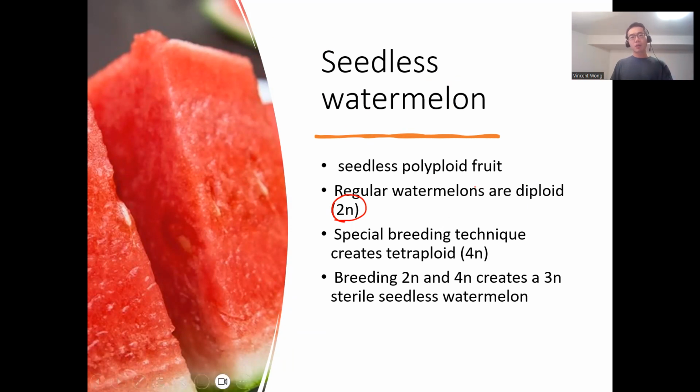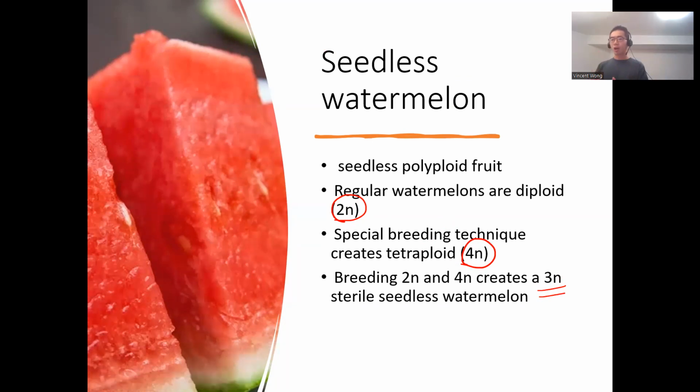And then they have a special technique of breeding them to create something that's a tetraploid, so 4 sets. Okay. So if you take the regular watermelon, the 2N, and you cross it with the specially created 4N, what happens is you end up creating 3N, sterile seedless watermelon.